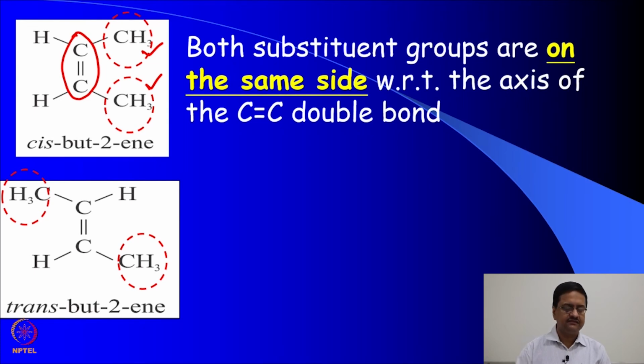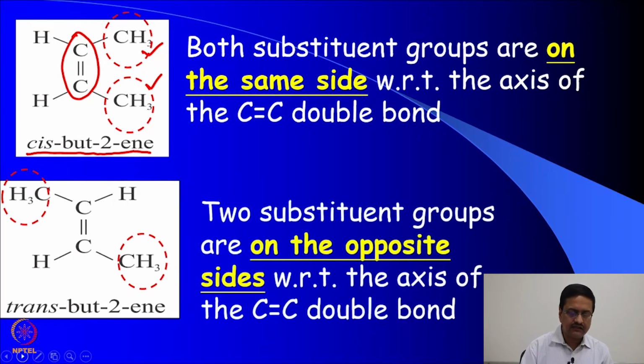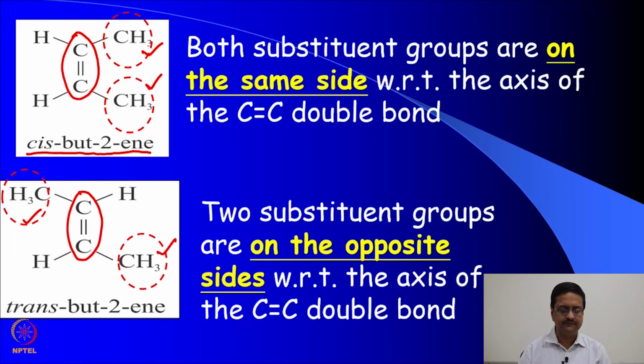So, we call that cis-2-butene. The other molecule, at the bottom of the slide, has a double bond, and the two methyl groups are across the double bond on two sides. So, this molecule is called trans-2-butene.